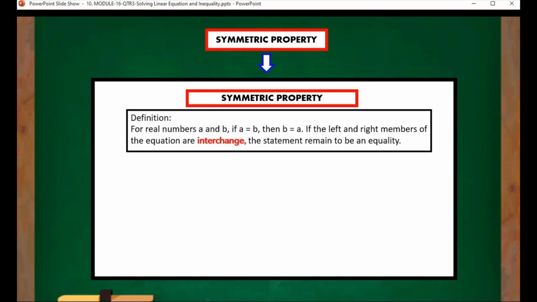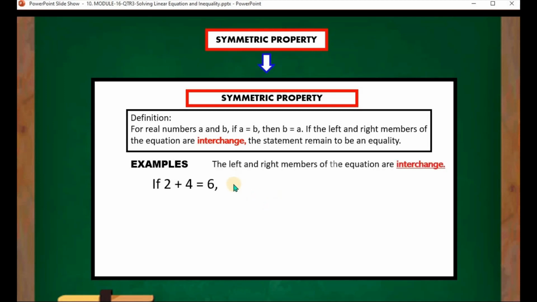Next, symmetric. Ito naman yung tinatawag na interchange. They can be interchanged if they are within the equal sign. Kasi nga, pag sinabi mong equal, parehas. So, for all real numbers, yung nasa kanan at nasa kaliwa, pwede mo silang pagpalitin but still they are equal. For example, 2 plus 4 equals 6. Pwede natin siyang isulat as 6 equals 2 plus 4.